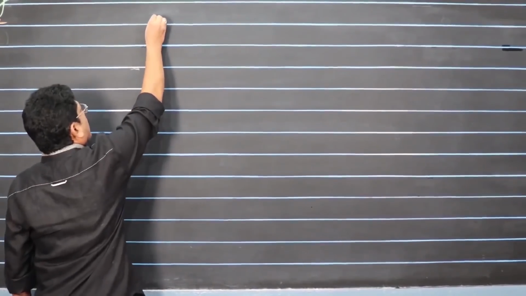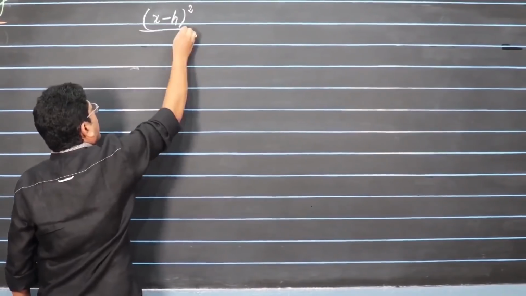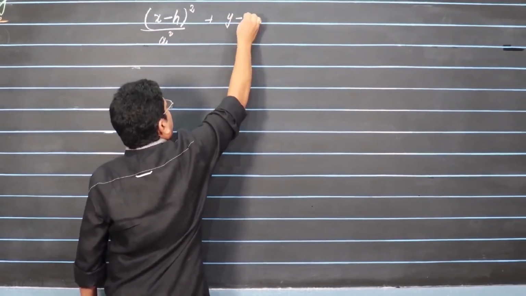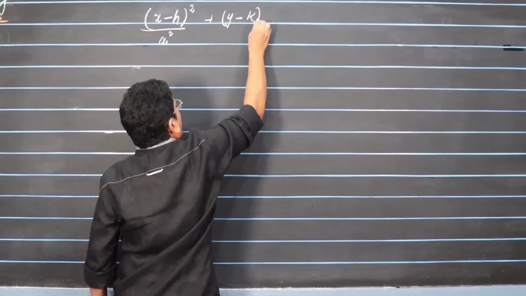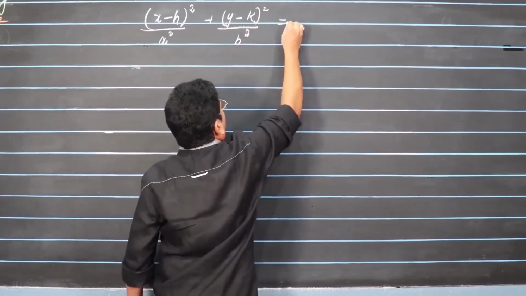The equation of the ellipse will be (x minus h) the whole square by a squared plus (y minus k) the whole square by b squared equal to 1.